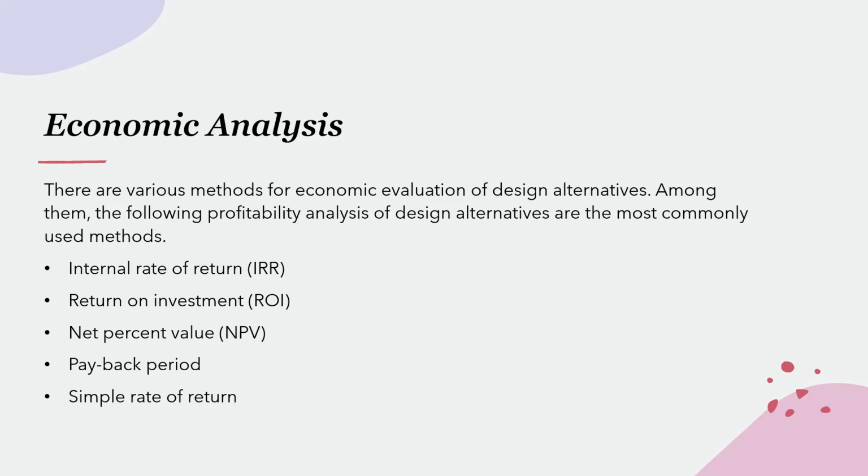Here we have several economic analyses that we can use in order to compare different design alternatives in order to identify the most suitable or most economical method or design to be utilized. So this is the part where you get the assignment today as well.